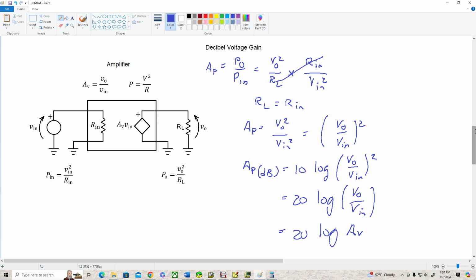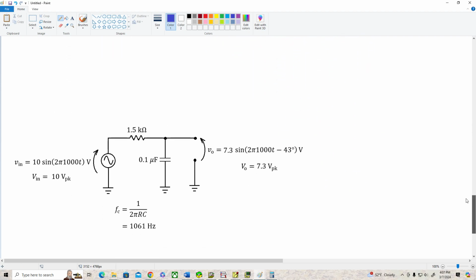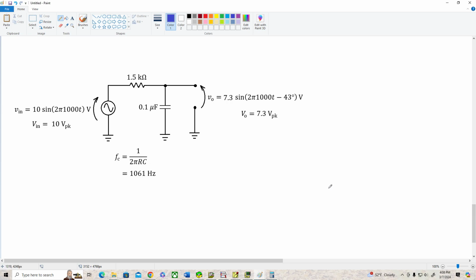All right, now let's do one more example here, and let's look at the filter circuit that we had at the end of the previous video. If you recall, that filter had a corner or cutoff frequency of 1061 hertz, and one of the inputs we evaluated it for was 10 sine 2 pi 1000 t, which is 10 volts peak, 1 kilohertz.